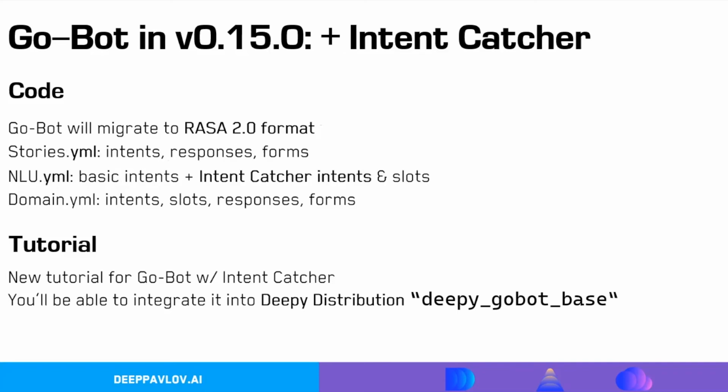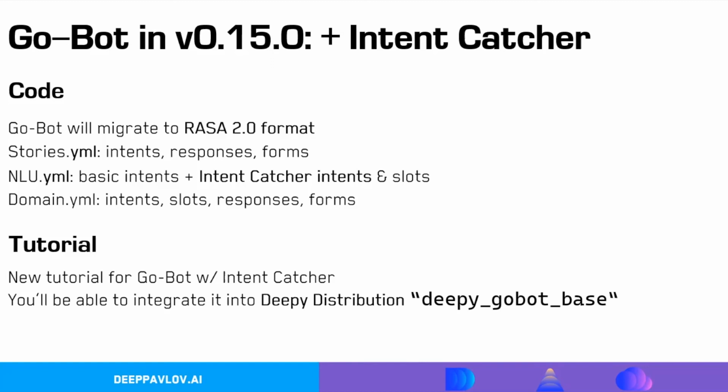Now, what we want to ship in version 0.15 is several things. First, GoBot will migrate to version 2.0 of RASA format. Stories.md will transition to stories.yml. nlu.md will transition to nlu.yml.